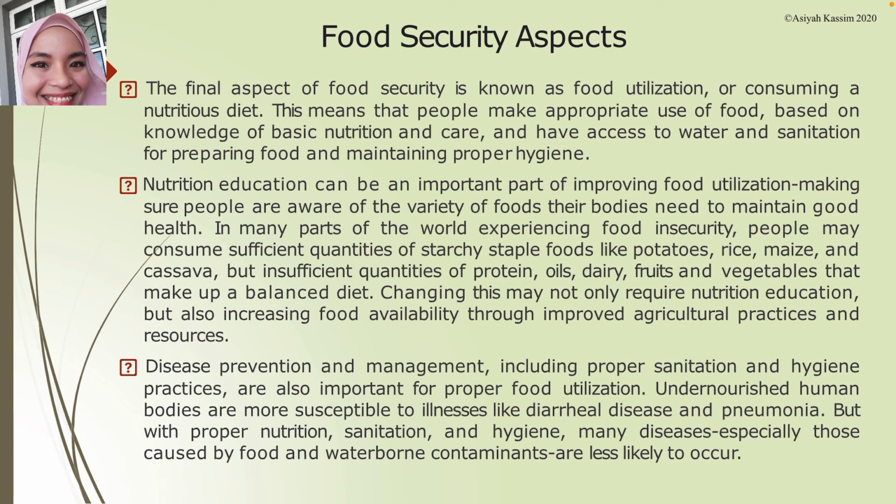So disease prevention and also management, including a proper sanitation management and hygienic practices, are also important for a proper food utilization. Contohnya macam nak packaging food ni kan, dalam tin. So required a proper sanitation. So kalau you perasan, even kat kedai makan, dekat premis pasar pun ada lesen-lesen tu kan, A, B, C kan, bersih, tak bersih, memuaskan.